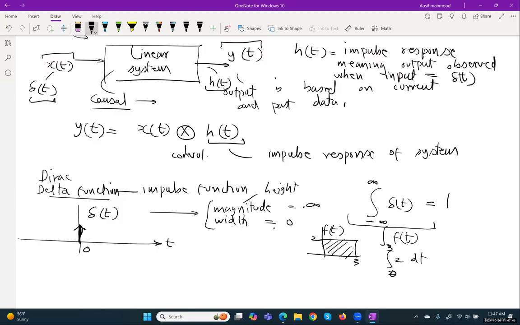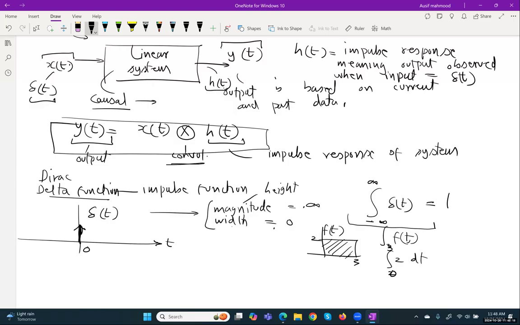It doesn't matter what that is, whether it's a sine wave, cosine wave, exponential function, it doesn't matter what x of t is. Then the output from the system will be, according to the law of nature, x of t, whatever that new input is, convolved with h of t.